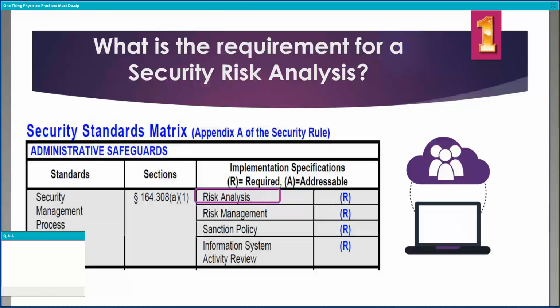A couple of things to keep in mind. Your security risk analysis, it's not optional, even if you're a solo practice or even if you're a small practice or even if you may only be doing paper documentation. There could potentially be other areas that you are held to do this security risk assessment.